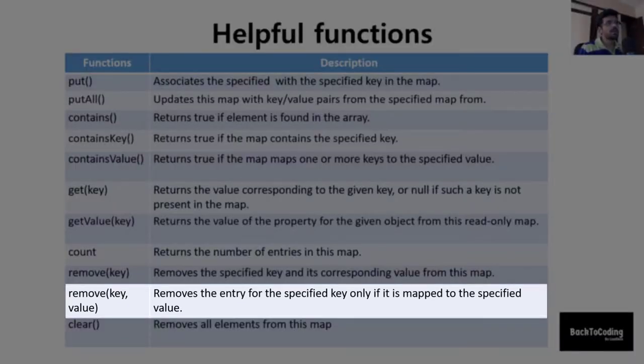Alternatively, we can also pass a value along with the key to the remove function. This returns true if it removed the specified key along with its value, else it returns false instead of returning null.